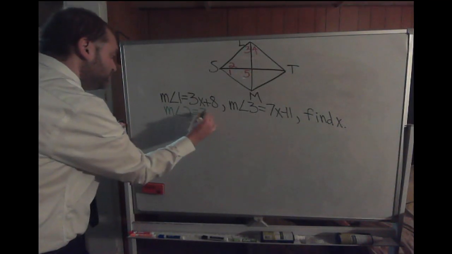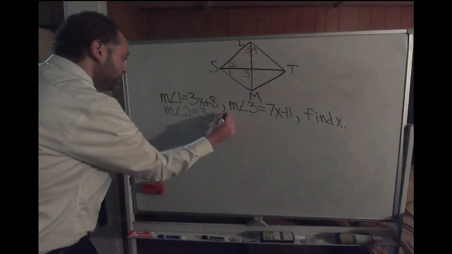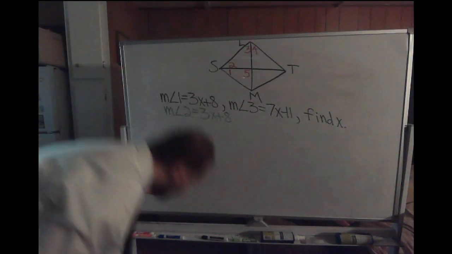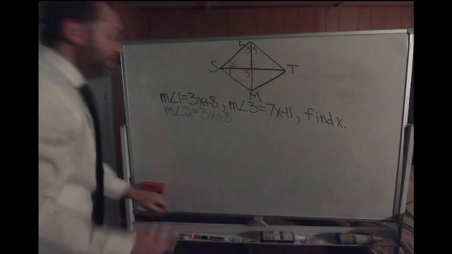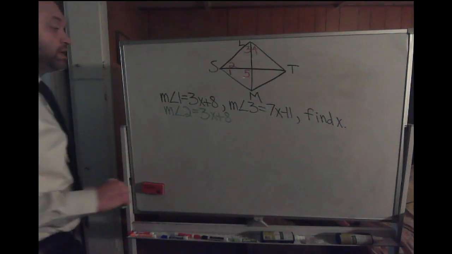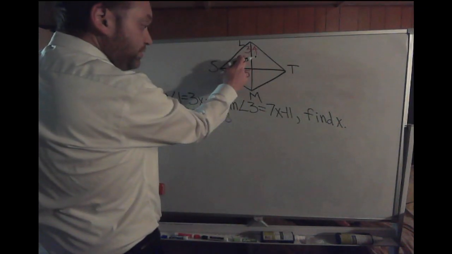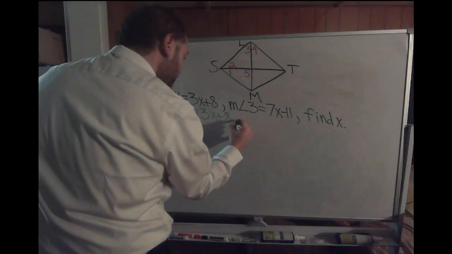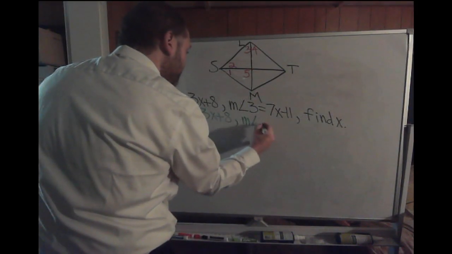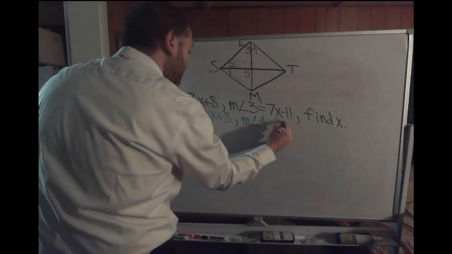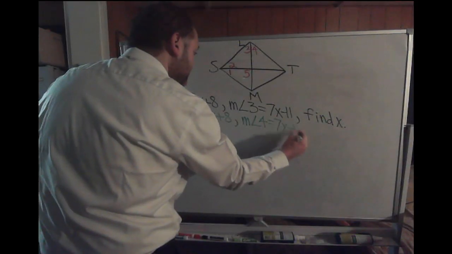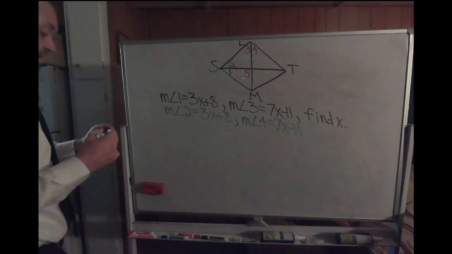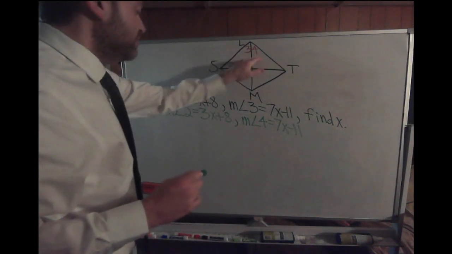So angle 2 is also 3x plus 8, right? And then, if the measure of angle 3 is 7x minus 11, well, so is the measure of angle 4, because in a rhombus, the angles are bisected. So each half of these would be congruent to each other.